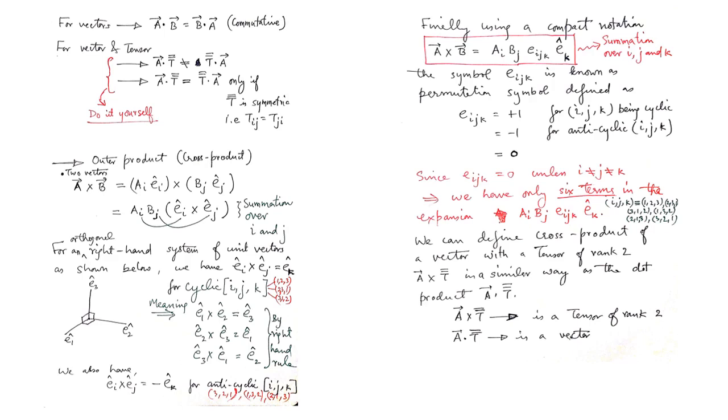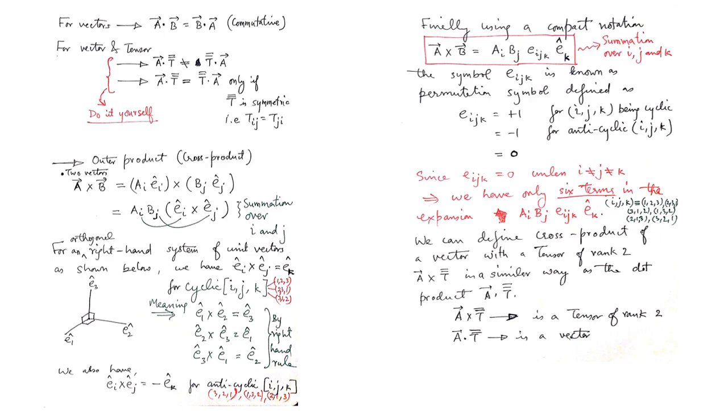Now let us look at orthogonal coordinate systems and how we can simplify this for an orthogonal coordinate system. If you look at the simple figure I have shown of an orthogonal coordinate system, e1 cap, e2 cap and e3 cap are all mutually orthogonal, for an orthogonal right-handed system of unit vectors.